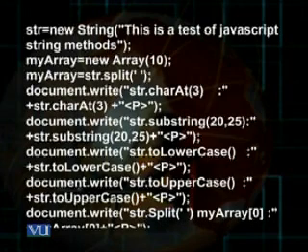And then I have a few document dot write. The first document dot write, I use the char at function of the string object. This is within the double quotation marks, string dot char at 3. So that would be typed as such. And then I concatenated string dot char at 3.